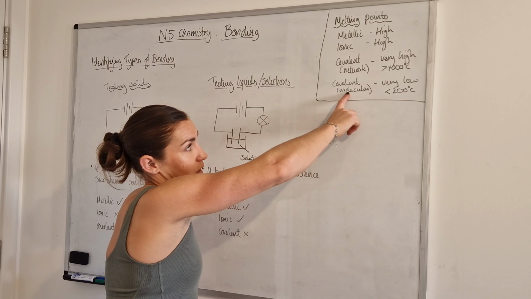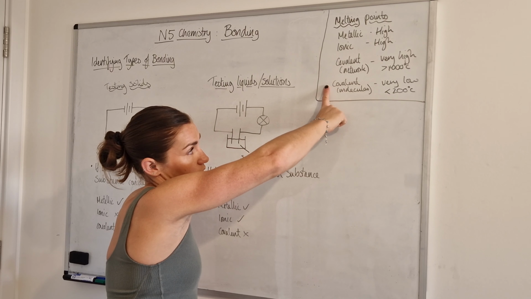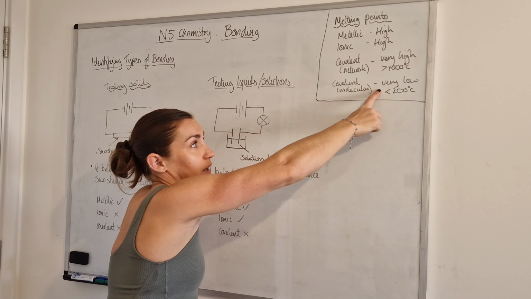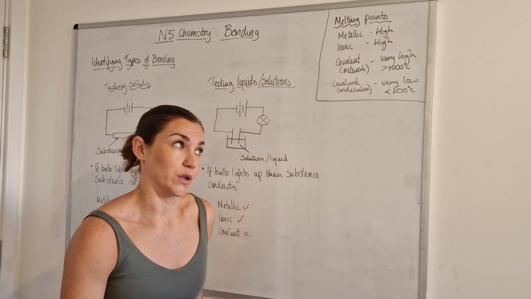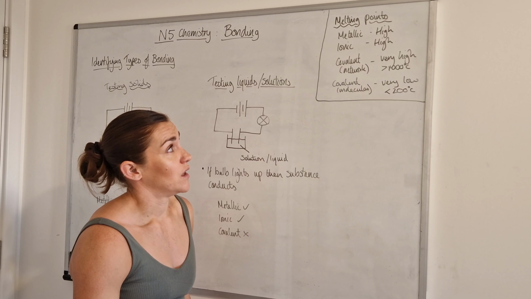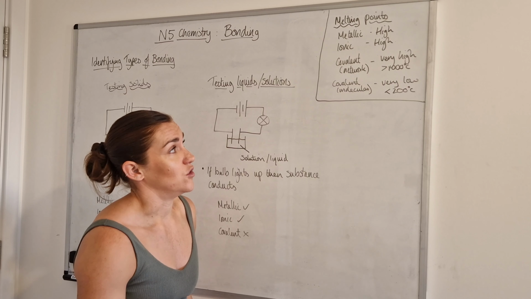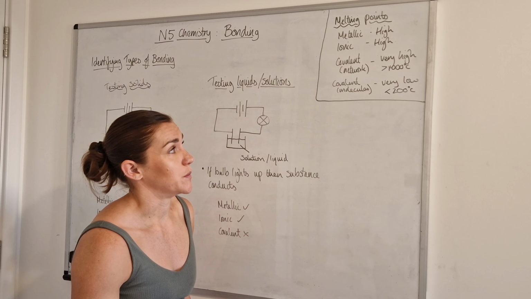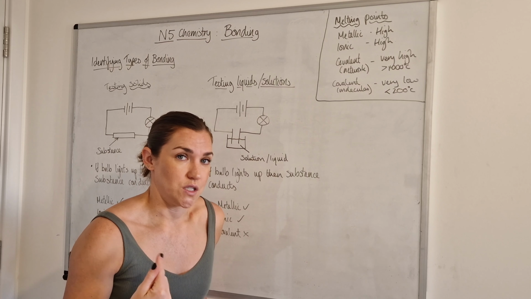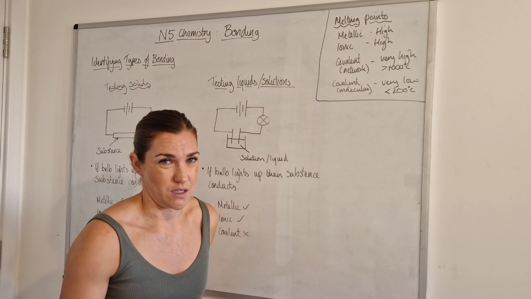And then the other covalent type, so if a substance has covalent bonding and it's not a covalent network, then it will be a covalent molecule, and they have very low melting and boiling points, like below 200 degrees-ish. And again, you can identify them quite easily from their melting and boiling points, but you would also be looking for the conductivity to be no and no to make it definitive.